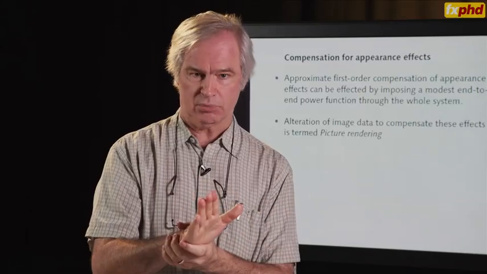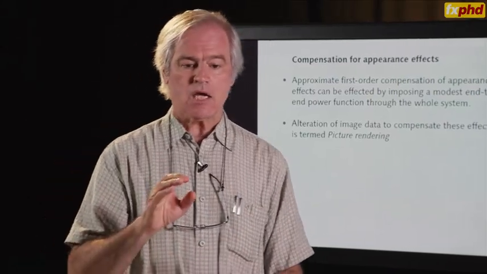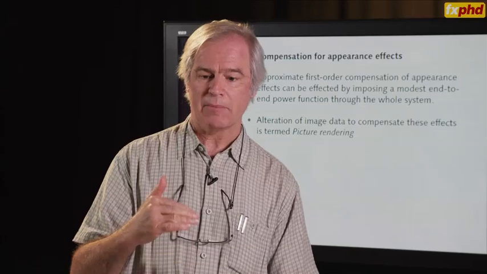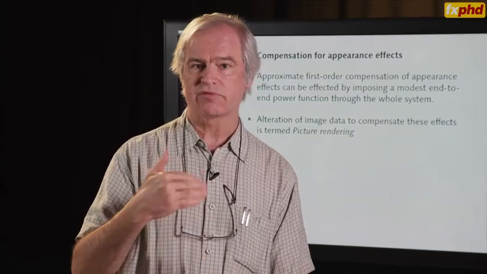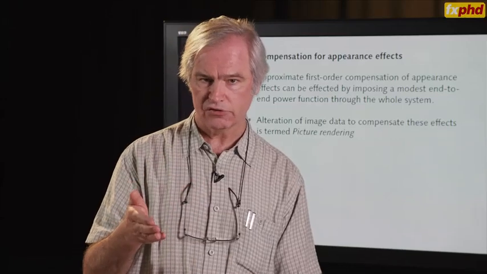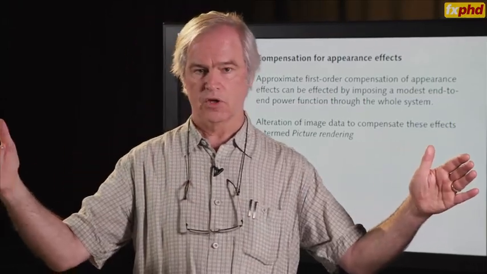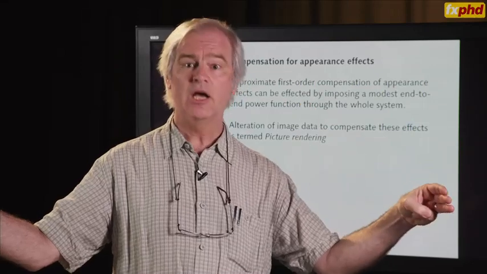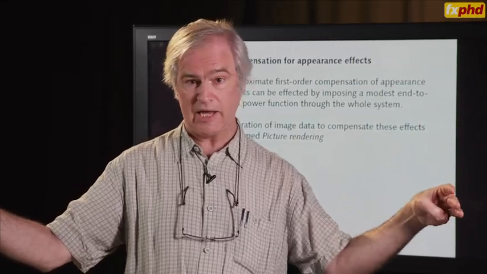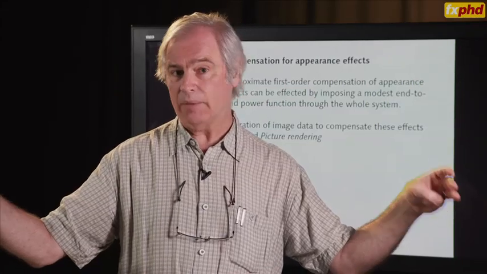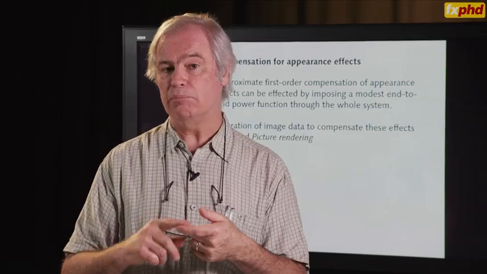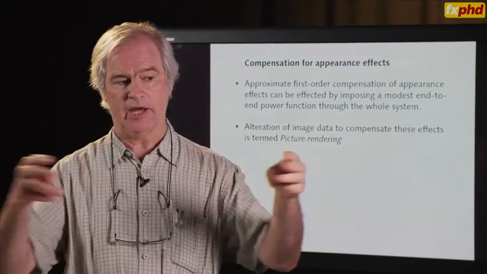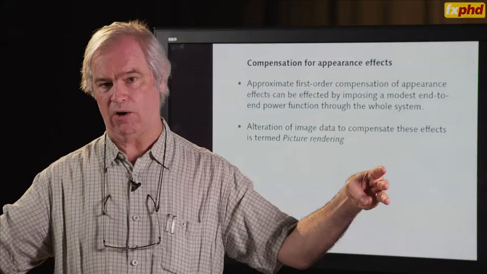And that would be feasible, but it turns out that an easier way is to apply a power function to each of red, green, and blue linear signals through the whole chain. So you think of linear light RGB in the scene, linear light RGB eventually ending up at the face of the display. And I'm suggesting that compensating both the colorfulness and the contrast can be accomplished by applying about a 1.2 power.